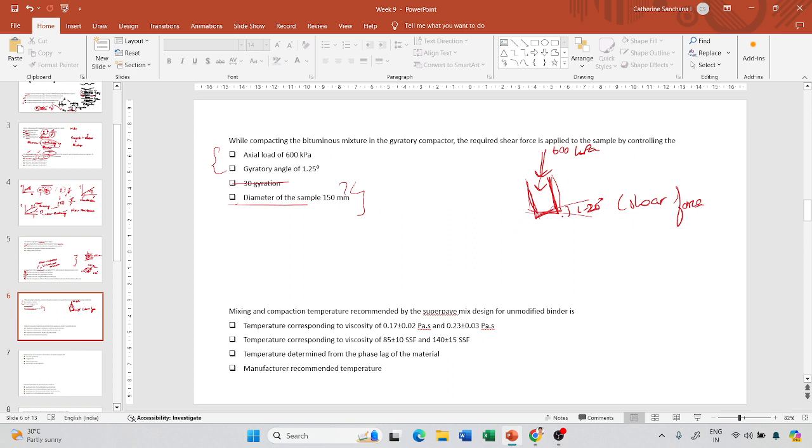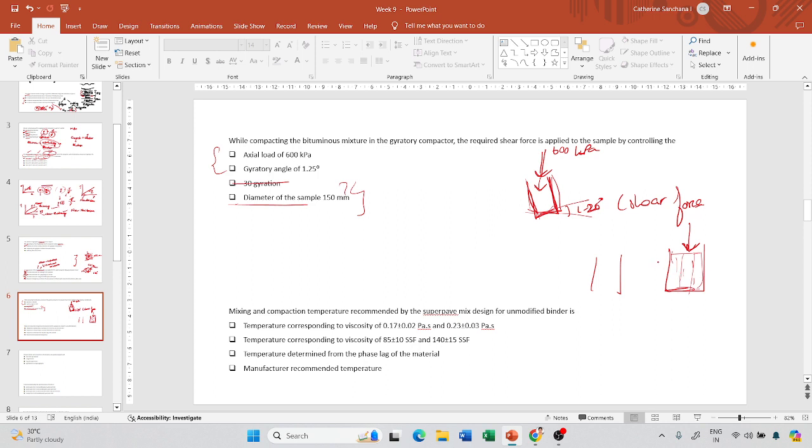So this shear force is only because of the angle of the gyratory compactor. Had the mold been exactly vertical, and if you apply an axial load, what will happen? It will just have axial deformation and axial forces will be applied on the sample, right? Because it is perfectly vertical.